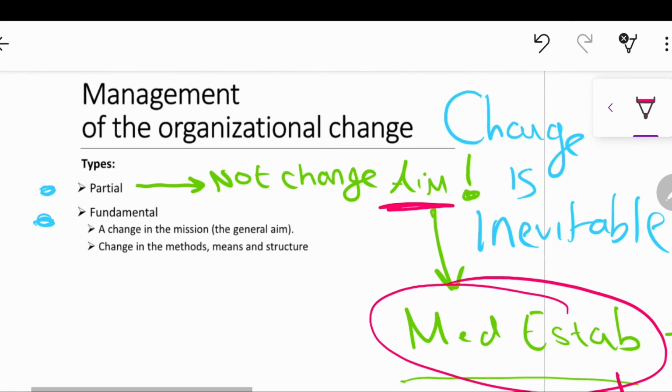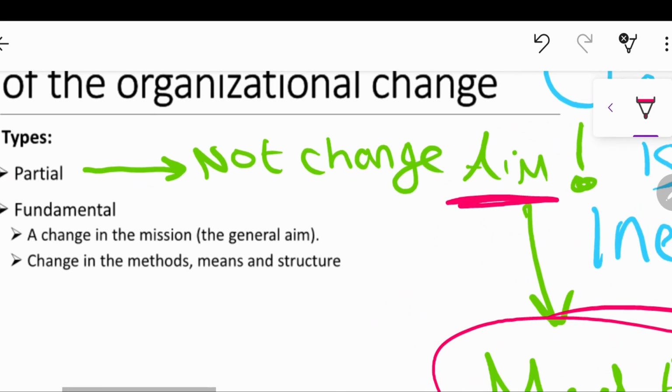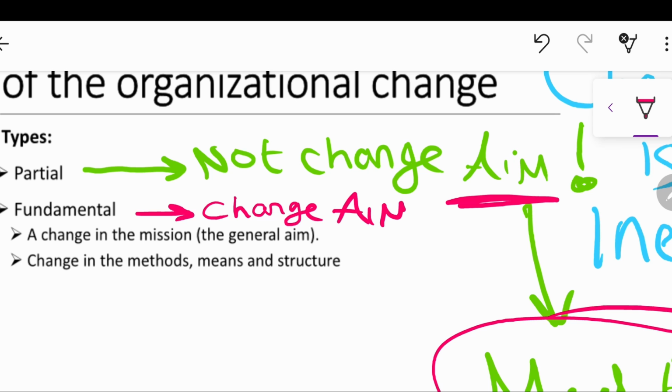Now, fundamental, on the other hand, is a change that does change the aim. The aim is changed, is a change in the mission, the methods and the means.